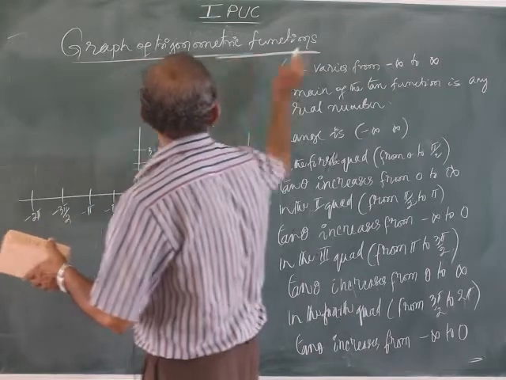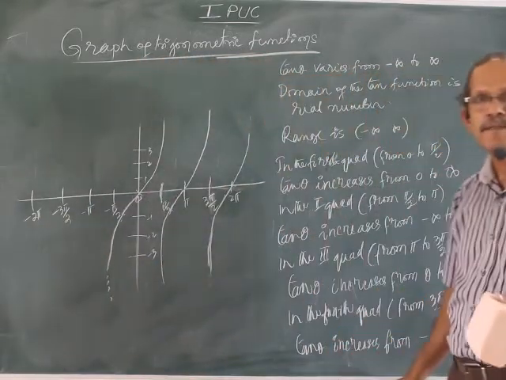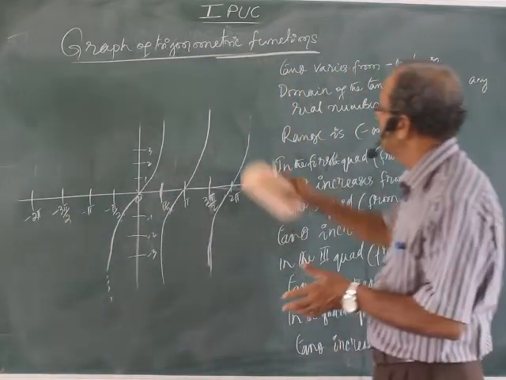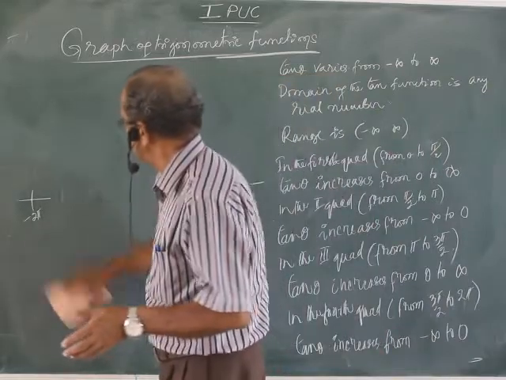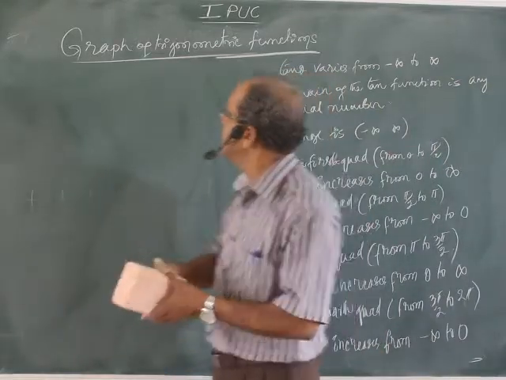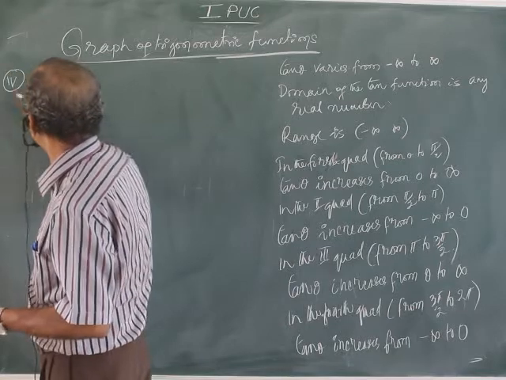We have 3 more functions. Let us continue that. Fourth one is the graph of the trigonometric function cosecant.